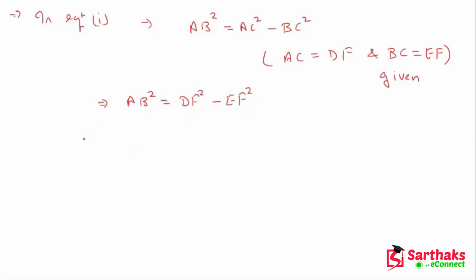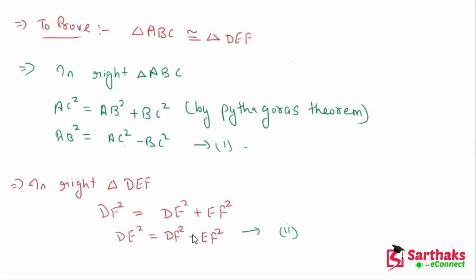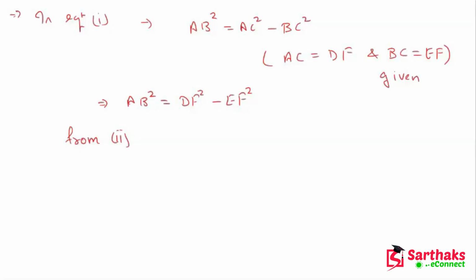Okay, so from equation number 2, DF square minus EF square is DE square. So this will become AB square is equal to DE square.